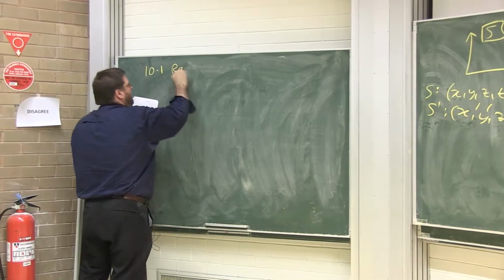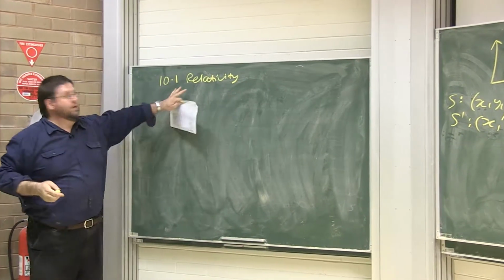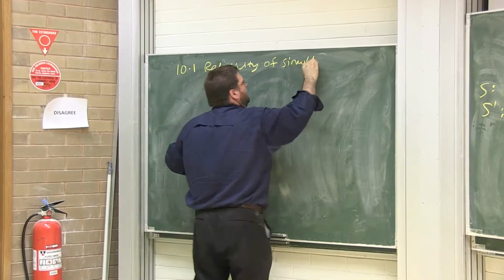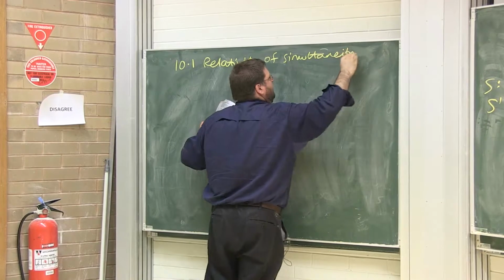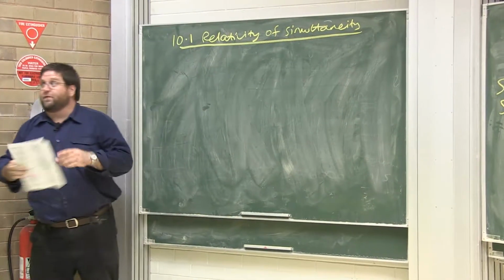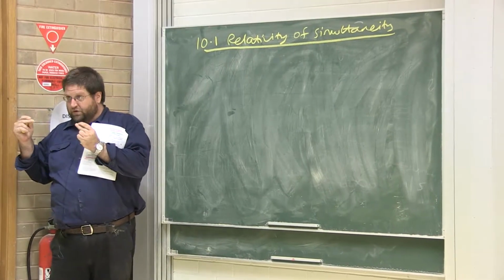So the first thing we want to study, the first of 6 consequences in this section, is the idea of the relativity of simultaneity. Now, we covered this briefly at the end of the last class, but I'm going to quickly revise it again. We're going to have 2 events which happen like this.